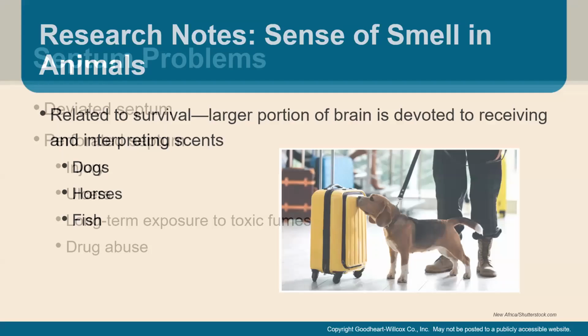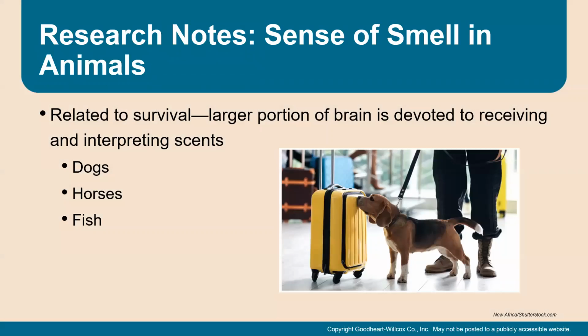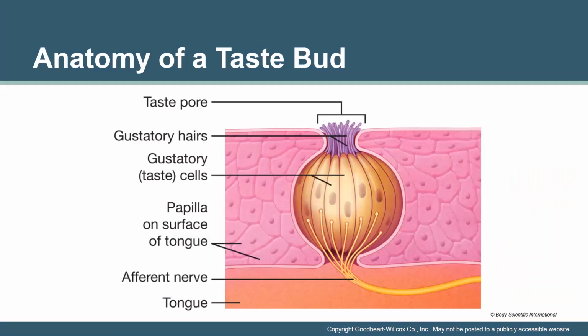Okay, now let's talk about taste. This is gustatory, okay? Our gustatory sense has to do with taste buds. These taste buds we're very familiar with. We can actually look at them.